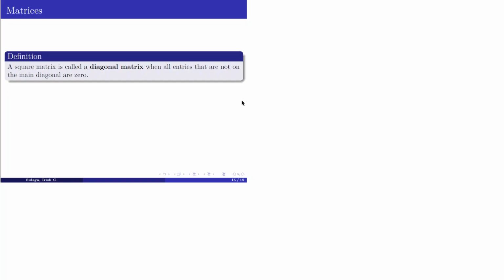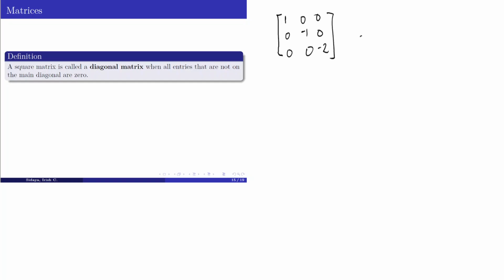Next, we have what we call a diagonal matrix. Take note, a square matrix is called a diagonal matrix when all entries that are not on the main diagonal are 0. So for example, we have a 3 by 3 matrix, say 1, 0, 0, 0, negative 1, 0, 0, 0, negative 2.